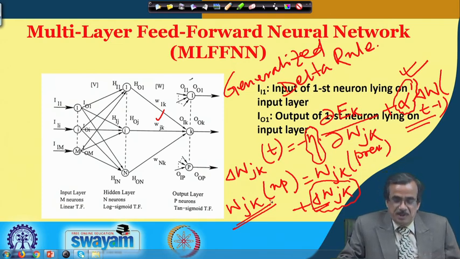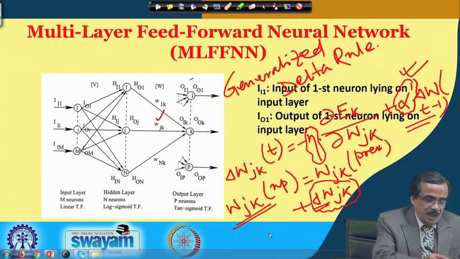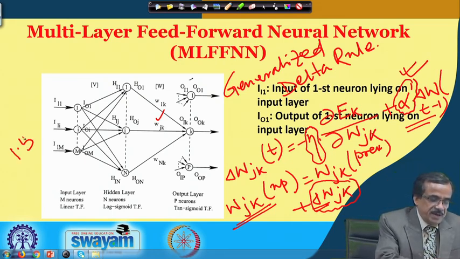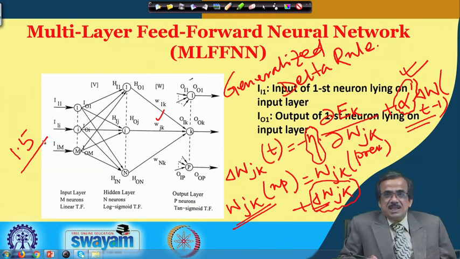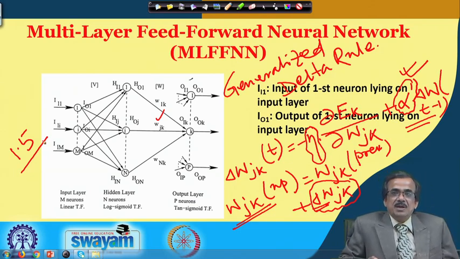There is a possibility that this W j k will come out of the range. That means it will become greater than 1. Supposing that W is becoming 1.5, whereas the maximum limit for this W is 1. Now, what will happen to this network? As I mentioned several times, the network does not know anything of the physical problem.